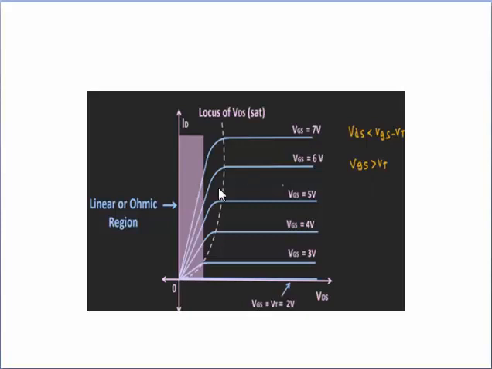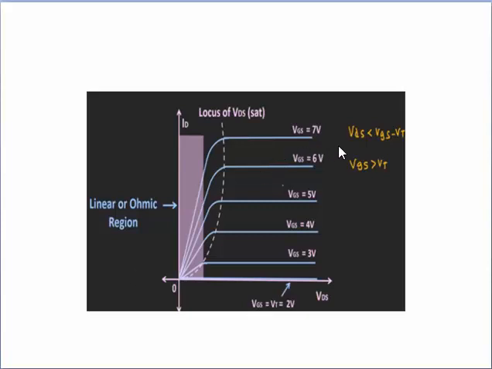Now in this graph, this region is called the linear or ohmic region. In this region, the MOSFET can be operated as a voltage controlled resistor. For a fixed value of VDS, as we change the value of VGS, the width of the channel will change, or you can say effectively the channel resistance will change.